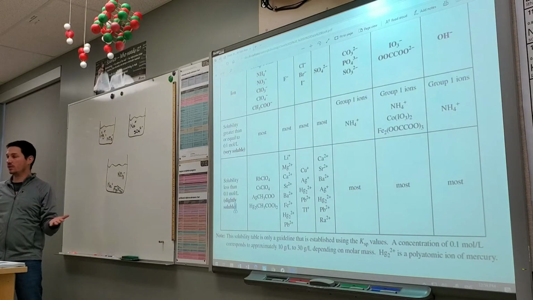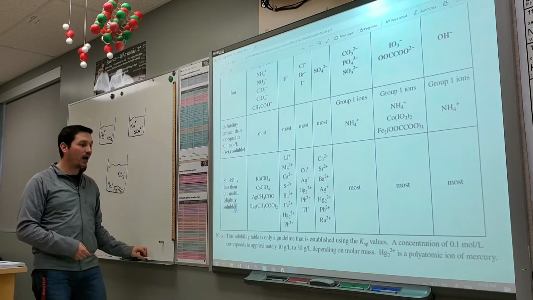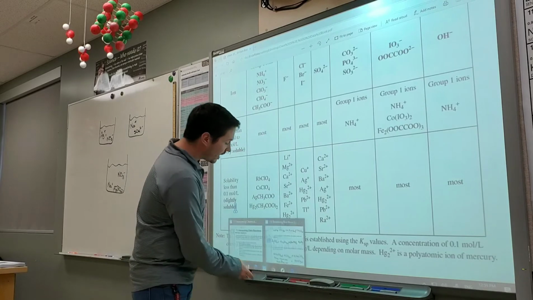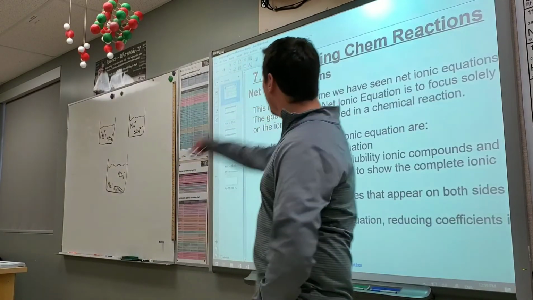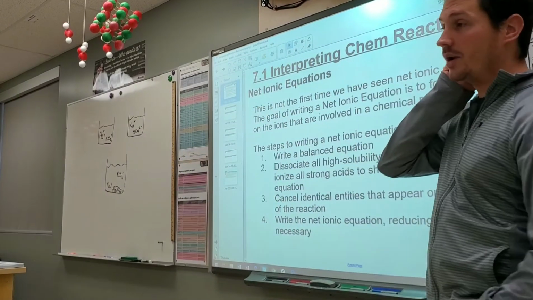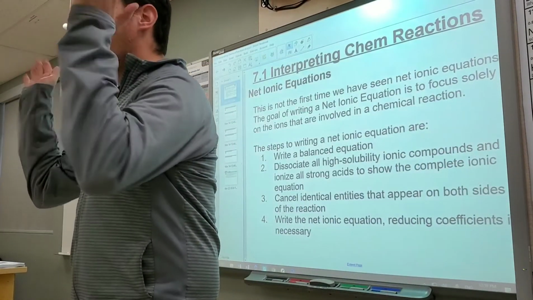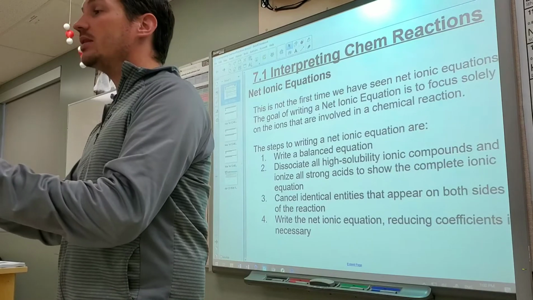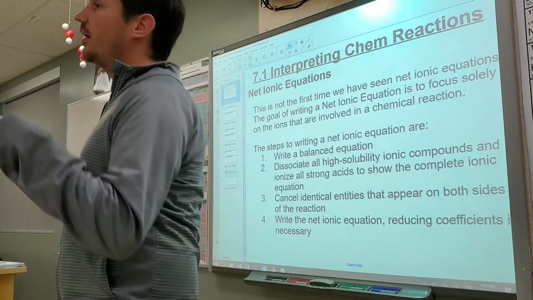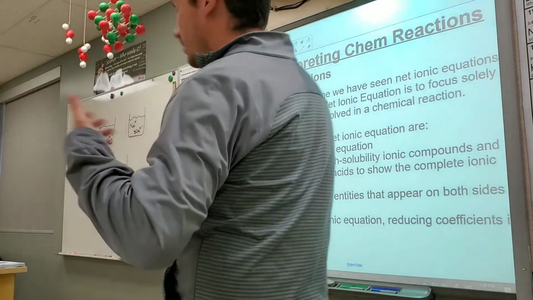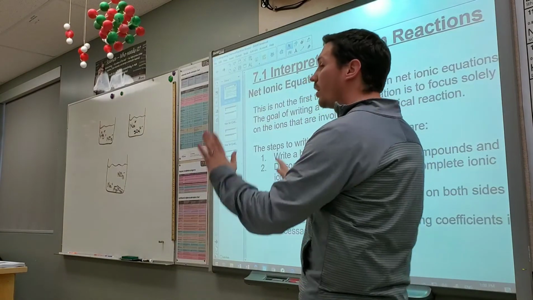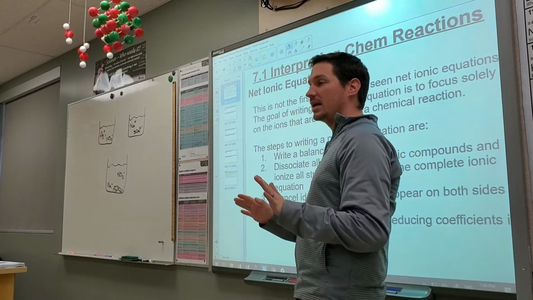So we can ignore them. That's the idea behind this. Okay? So when we look at making a net ionic equation, it just says, show me the stuff that actually does something. Don't show me the stuff that just sits there and bounces off things the whole time. We want to ignore what we call the spectators.